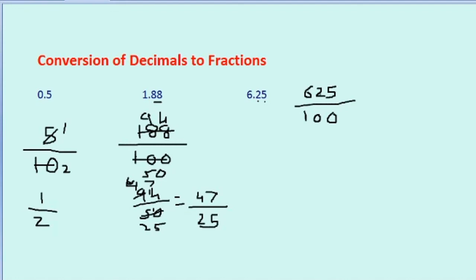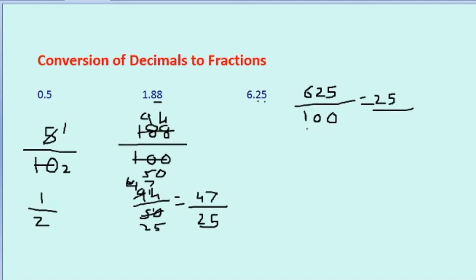Now this number 625 by 100 can be further simplified. First I can divide it by 5. Both the numbers can be divided by 5. Otherwise both the numbers can be divided by 25. So if I divide this 625 by 25, I will get 25. 25 into 25 is 625.